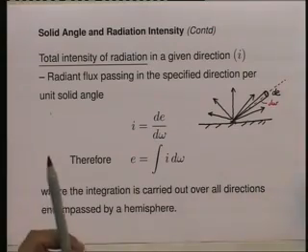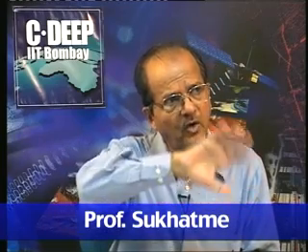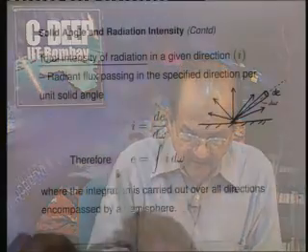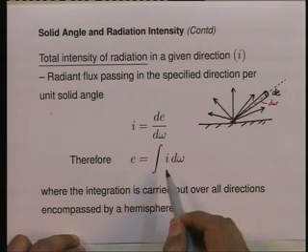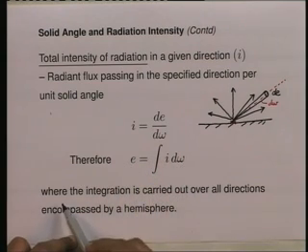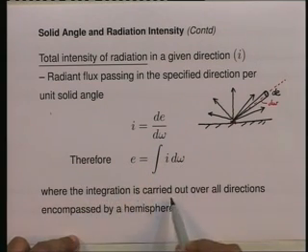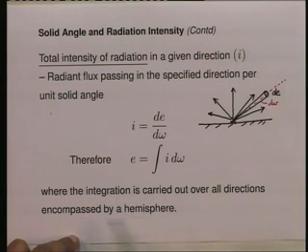Or another way of looking at intensity of radiation is to say it is that quantity which, when integrated over all directions of a hemisphere, will give me the emissive power of a surface. So, let us put it in the reverse way here. Therefore, E is nothing but the integral of I d omega, where the integration is carried out over all directions encompassed by a hemisphere.